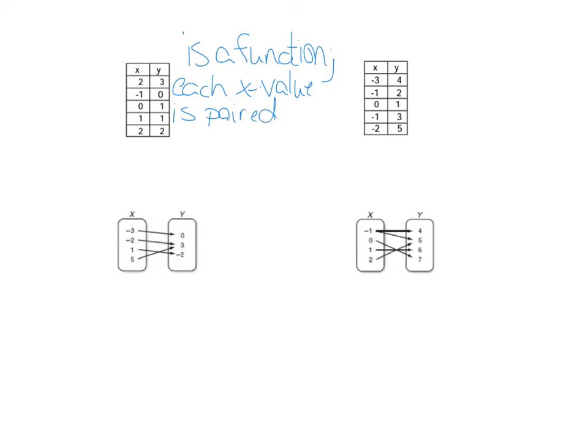So this is a function because each x value is paired with only one y value. Remember, we don't care about the y values. I see a y value that repeats. I don't care. All I care about is the x values.